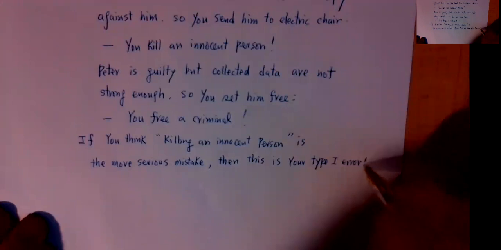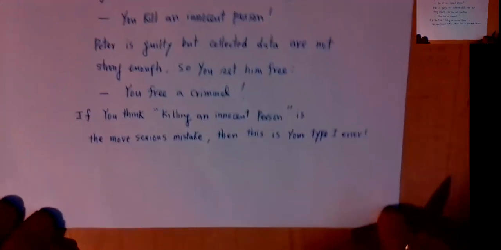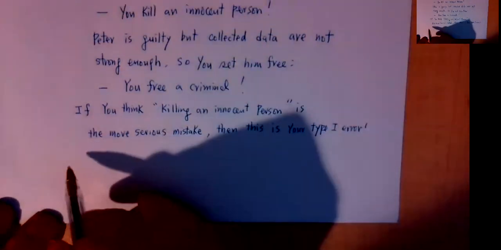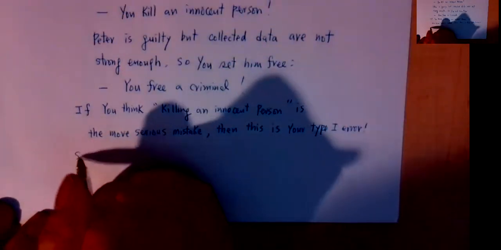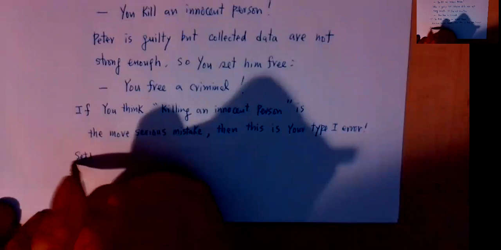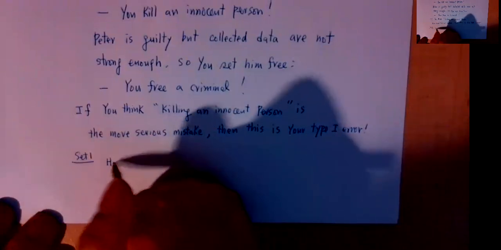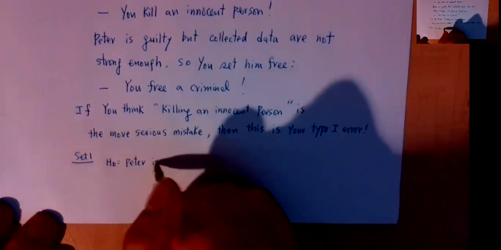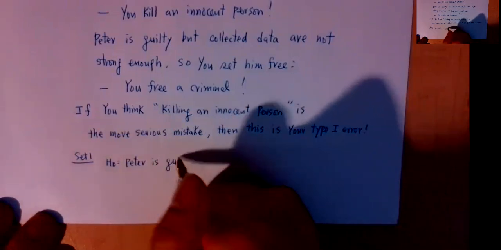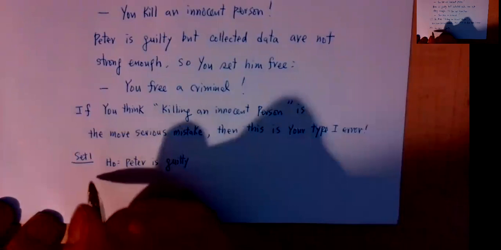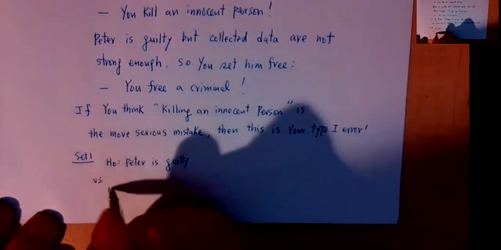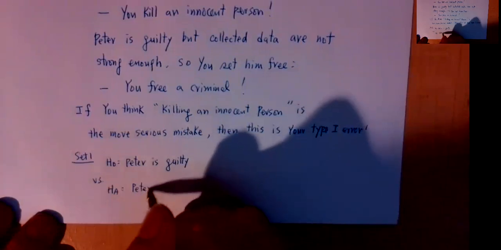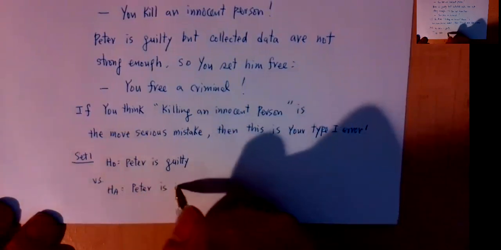Okay? So let's look at the following two settings. The first set of hypothesis testing: H naught, Peter is guilty, against HA, Peter is innocent.